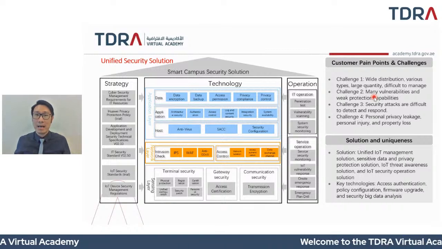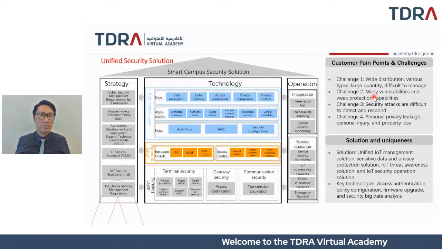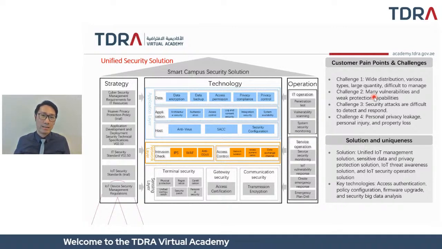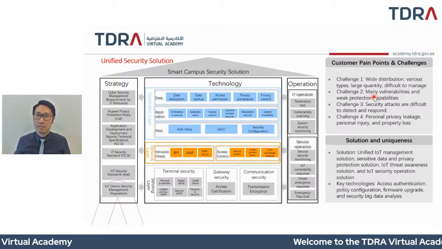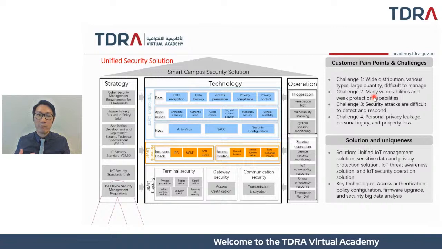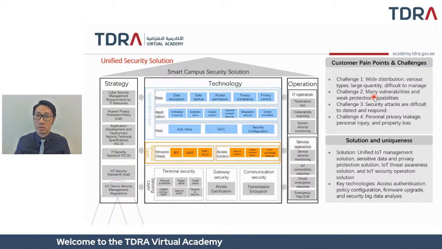If we have many siloed systems, it's very hard for us to maintain the security for each silo system. But if we have one single system, then we can design the security solutions very well.